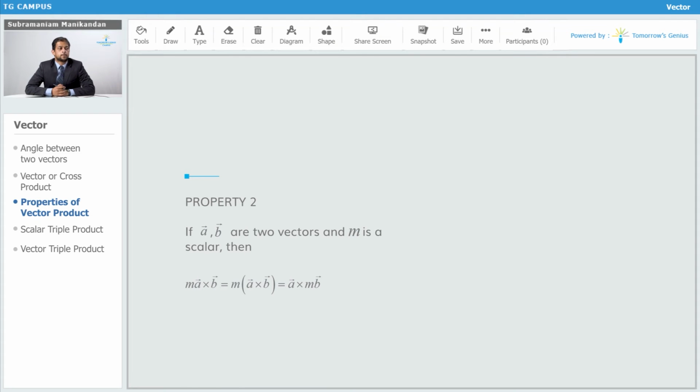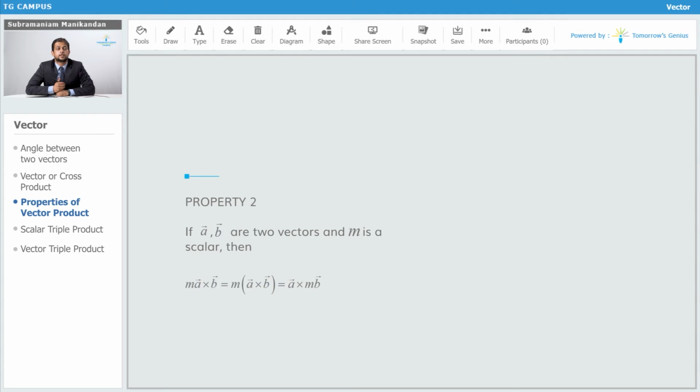If a bar, b bar are two vectors and m is a scalar quantity, then the position of m in the cross product between a bar and b bar makes no difference. M could be first multiplied by the vector a bar and then the cross product could be performed, or m could be multiplied by b bar and then the cross product a bar cross b bar could be performed, or m could be multiplied by the resultant of the vector a bar cross b bar.